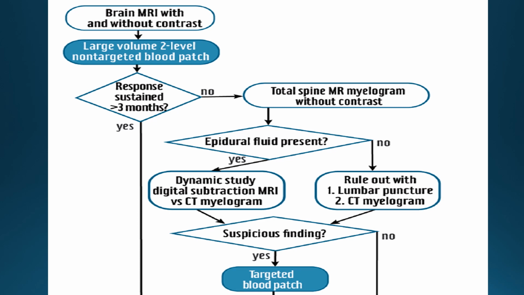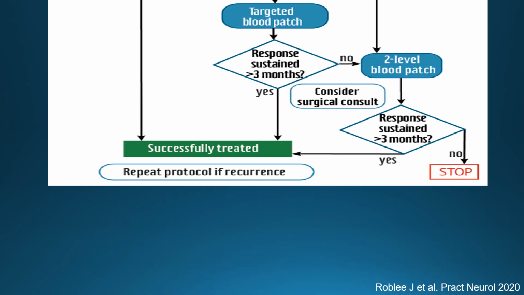And if there is fluid present, then a dynamic study with digital subtraction myelogram should be done. And if there is no epidural fluid present, then rule out with lumbar puncture and CT myelogram. And if there are suspicious findings, then a targeted blood patch at the site of leak should be given. And if there is response, then good.